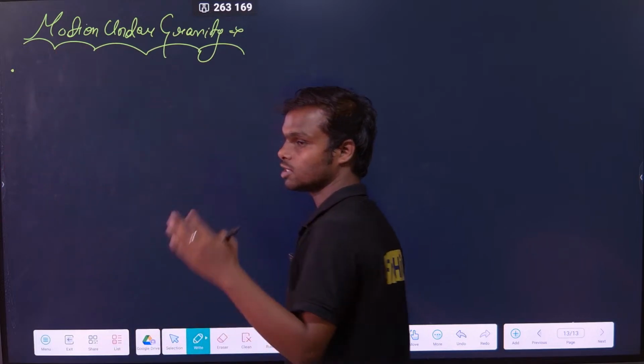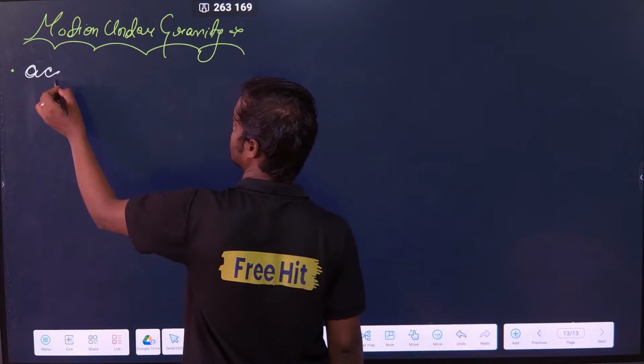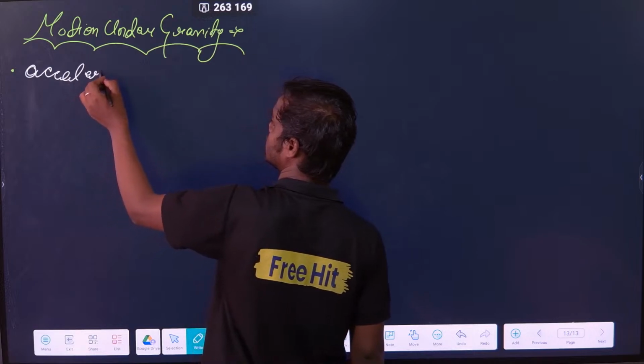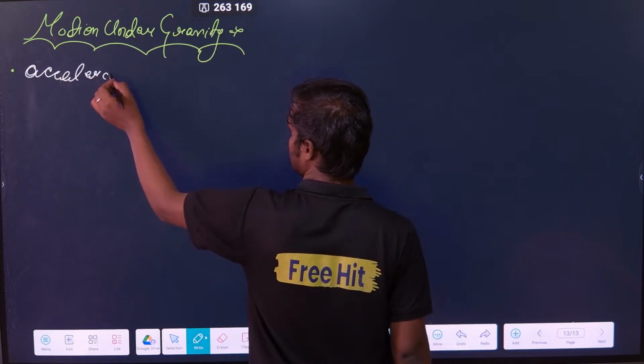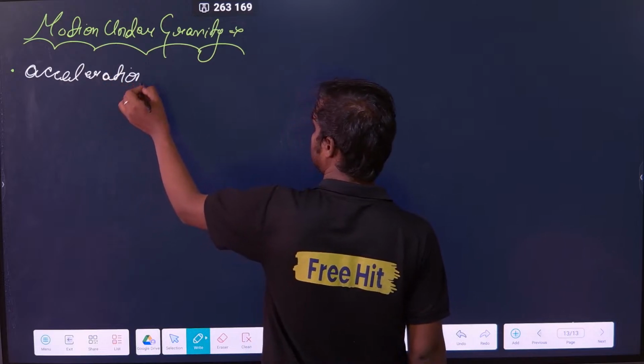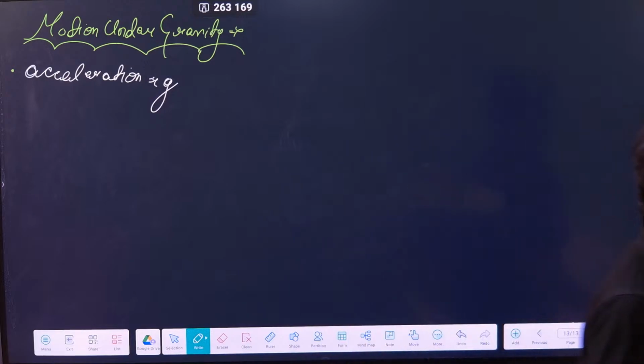First of all, if we are talking about motion under gravity, what is the acceleration? The acceleration is fixed, which is g.